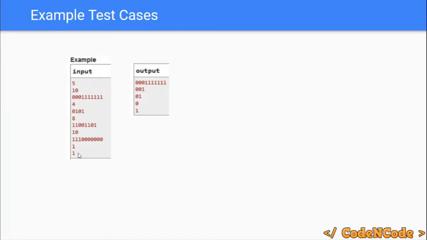For example, here you see this forms 10. So you can remove this 0, then the next substring will come. This gets removed, so this and this are next to each other, again forming 10. So you can remove this. Now this and this are next to each other, so you can remove this.